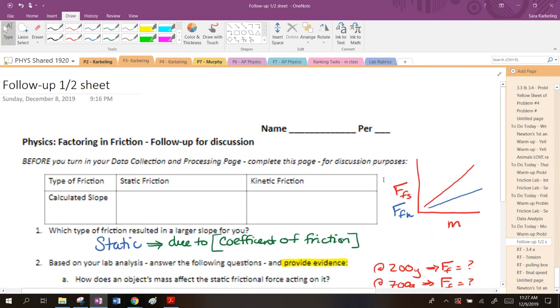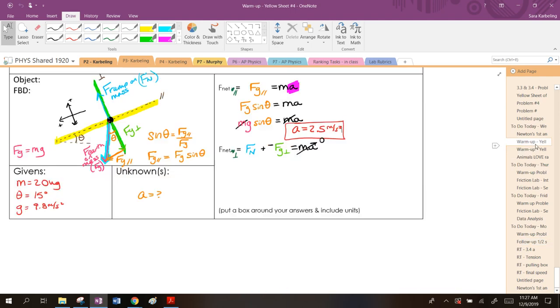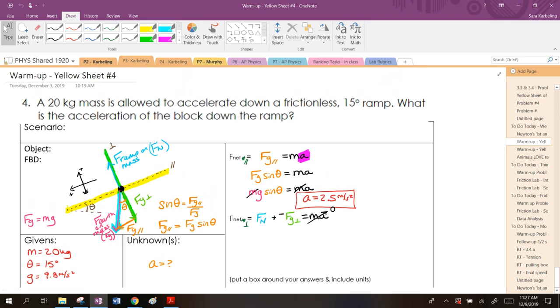I mentioned to you that on Friday on your test, there were going to be some problems, but there will also be some things that look like this. Friends, you have been well trained, or should have been well trained by now, or you're moving in that way, to solve problems using this big chart.